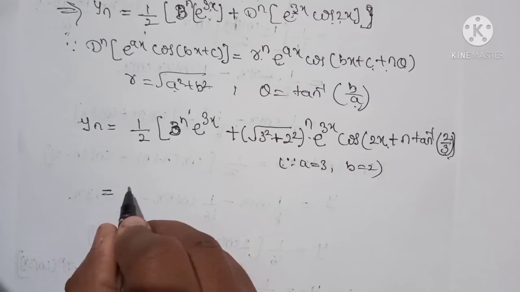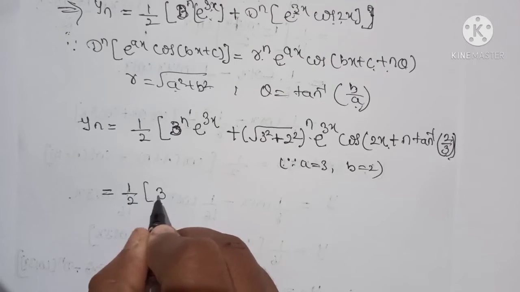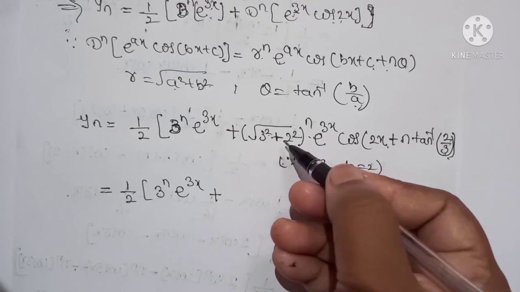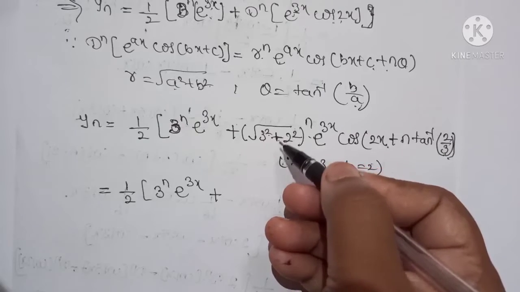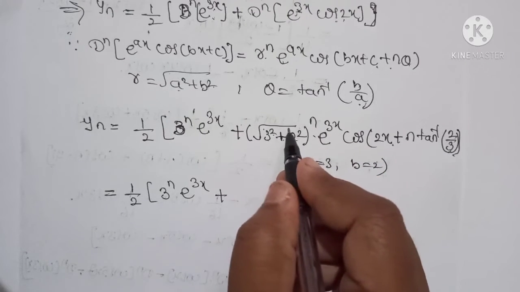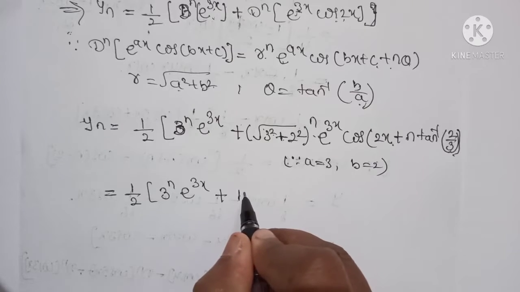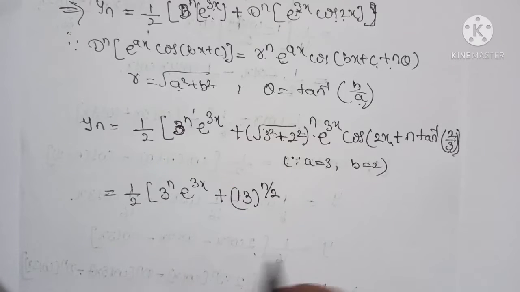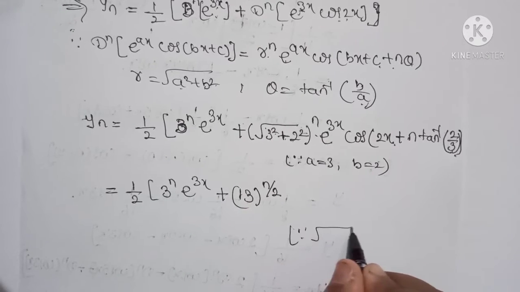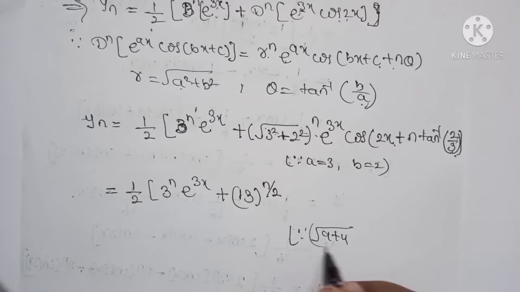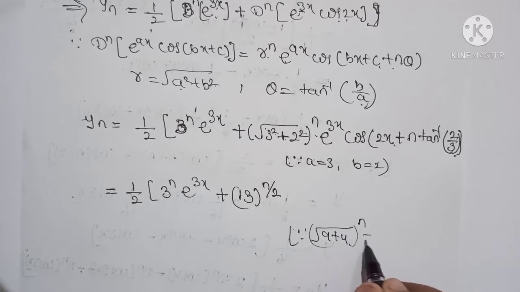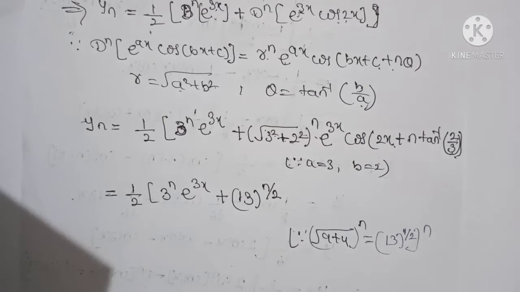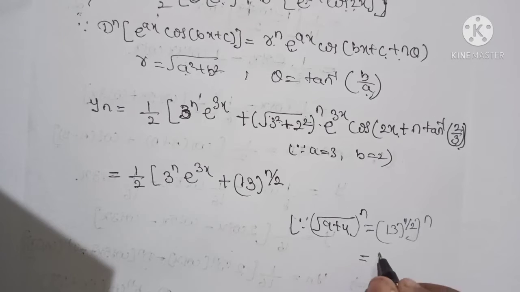So it equals 1 by 2 times 3 raised to n e raised to 3x, plus, further simplifying, 9 plus 4 equals 13, the square root of 13. The square root can be written as power 1 by 2, so the square root of 9 plus 4 whole power n can be written as 13 power 1 by 2 whole power n, which equals 13 power n by 2.